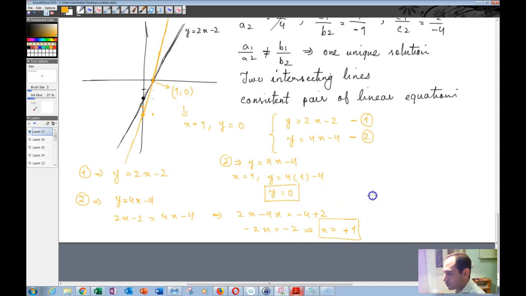So then you know that x is equal to 1 and y is equal to 0. That's your solution. We will have a couple of such ways to solve these problems. And that's basically the whole story here.